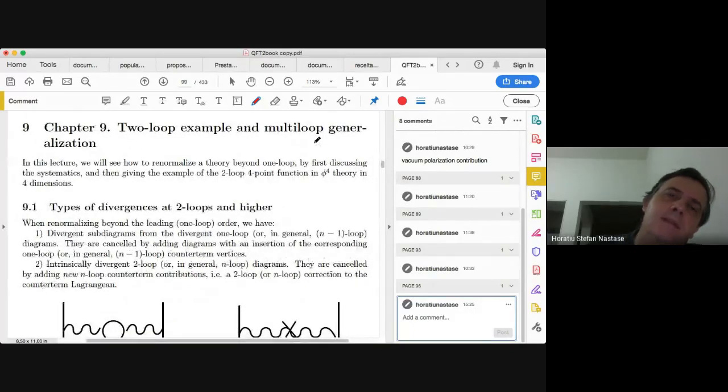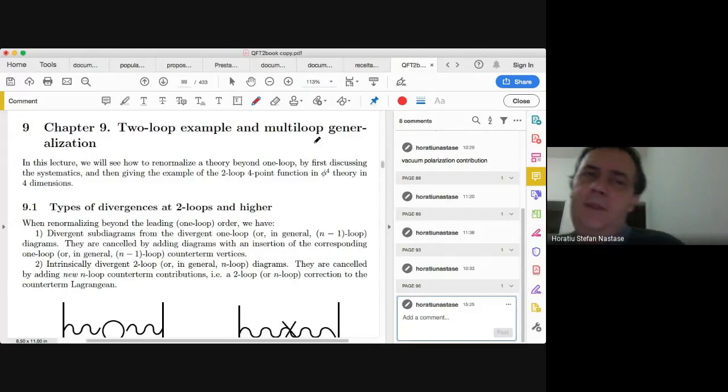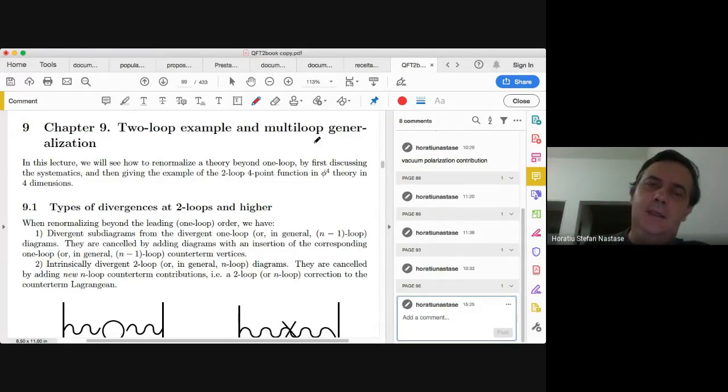So today's lecture is going to be about two loops and generalization to higher loops. The one loop case is somewhat peculiar.